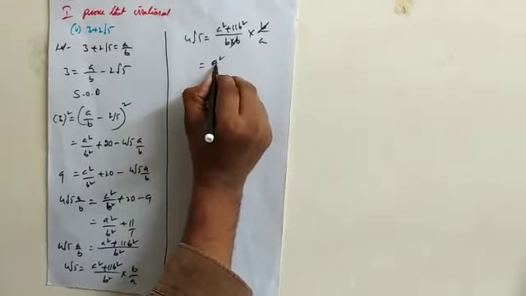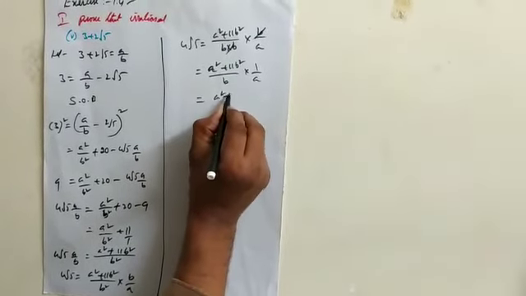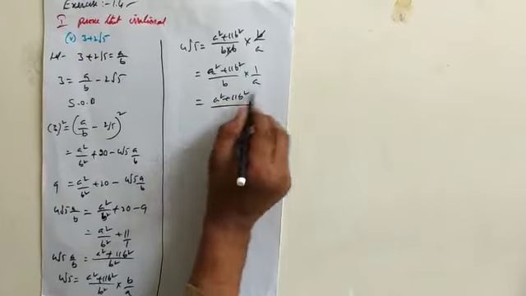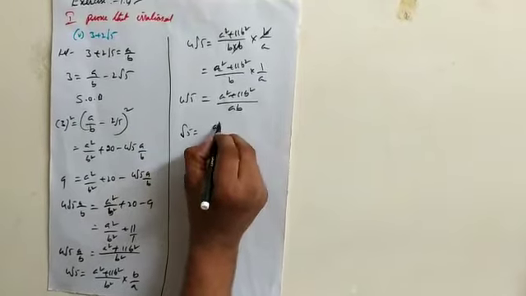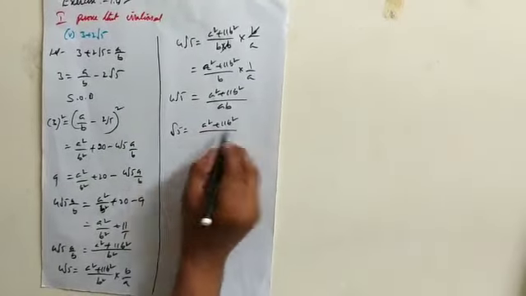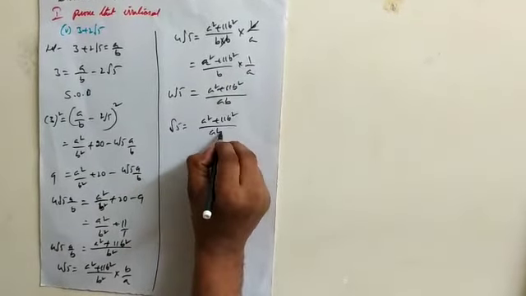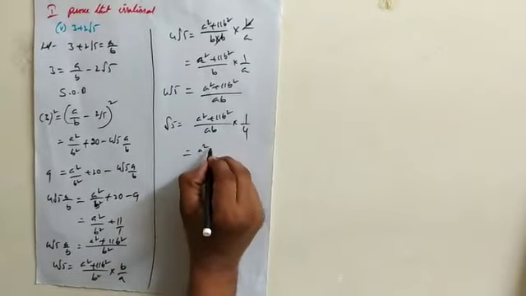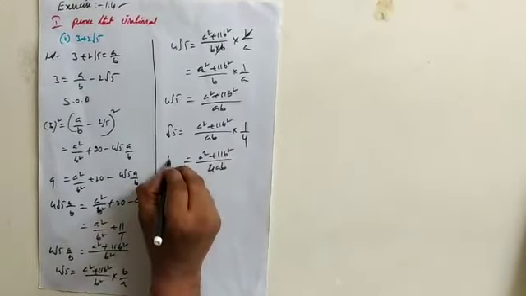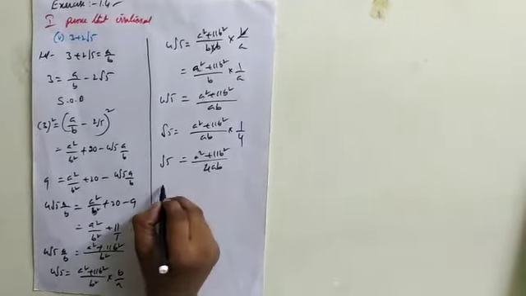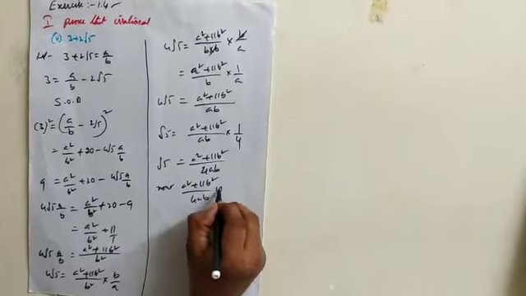That is finally a square plus 11b square divided by ab. Now root 5 is equal to a square plus 11b square divided by 4ab, with 4 transferred to the right side as the reciprocal. Now therefore a square plus 11b square by 4ab is a rational number.